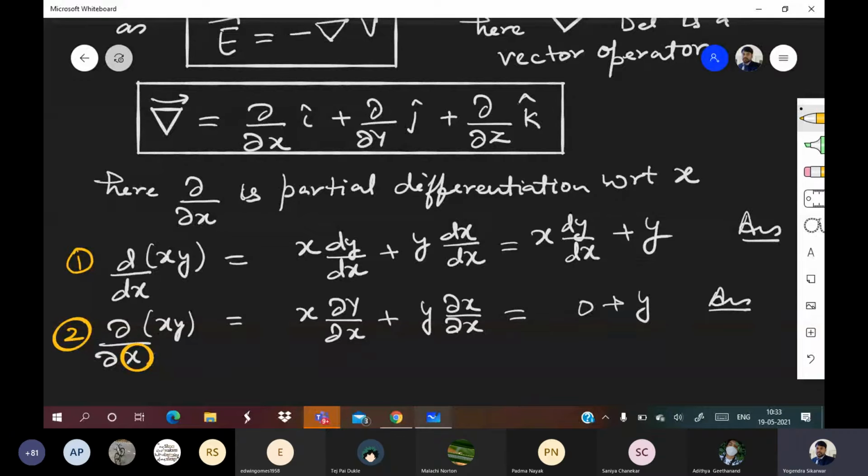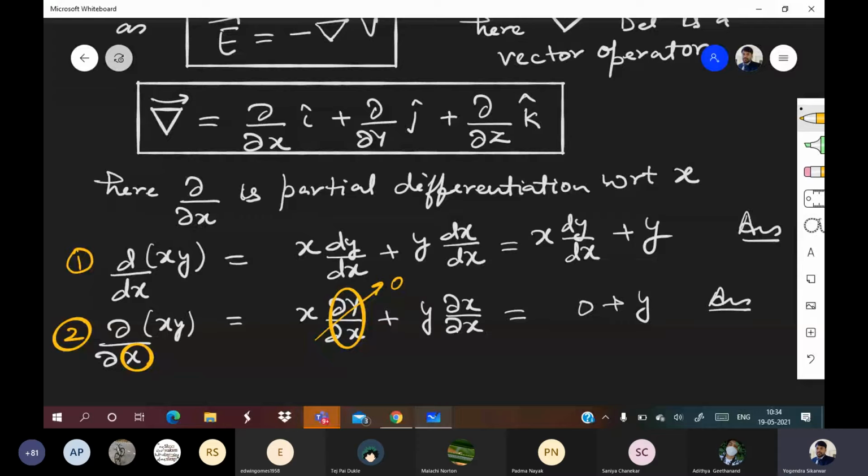Okay. So as y is treated as constant, dy by dx became how much? 0. dy by dx became 0. Why? Because y is treated as constant. All right. So x into 0 becomes 0 and y into dou x by dou x becomes 1.